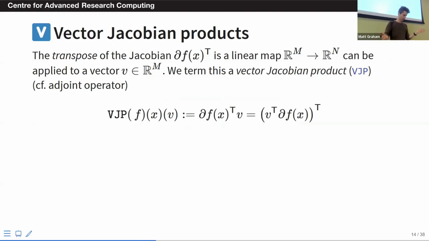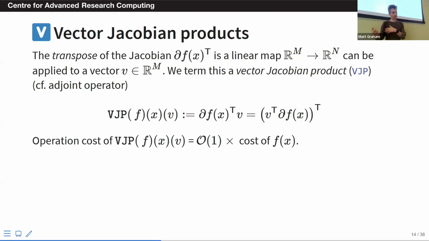This follows very closely with the definition of the Jacobian vector product. We're just applying the transpose of the Jacobian directly to a vector, and we're using a particular notation here to represent that. And similar to the Jacobian vector product, it can be shown that evaluating the vector Jacobian product of any given differentiable function can be done at a constant factor overhead of evaluating the function itself.